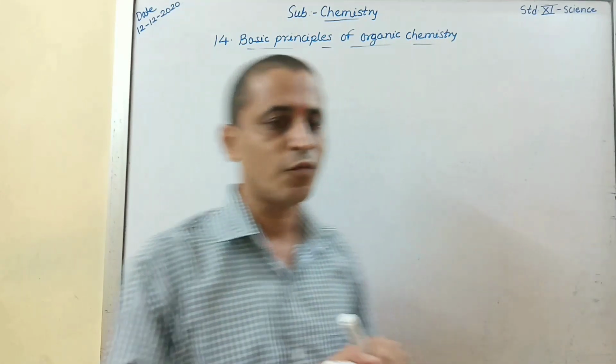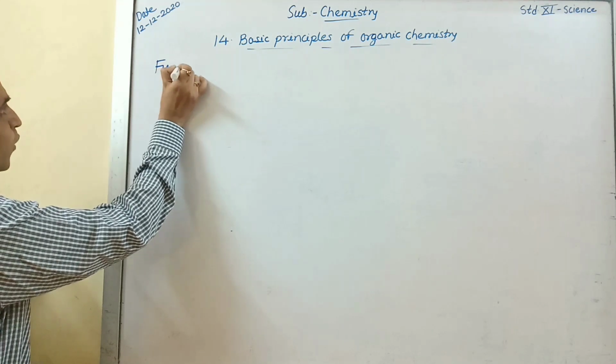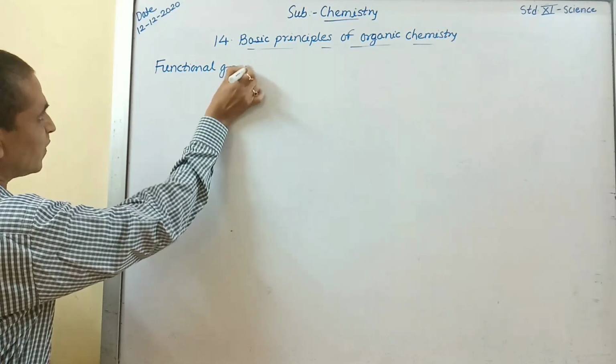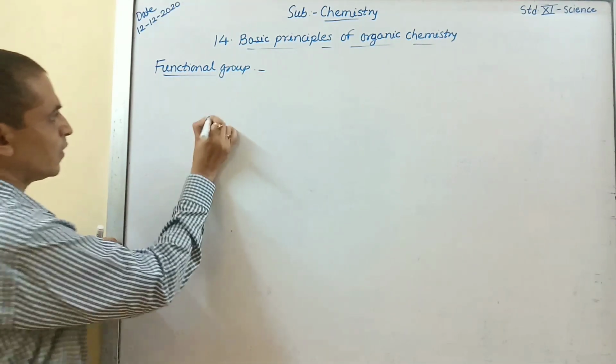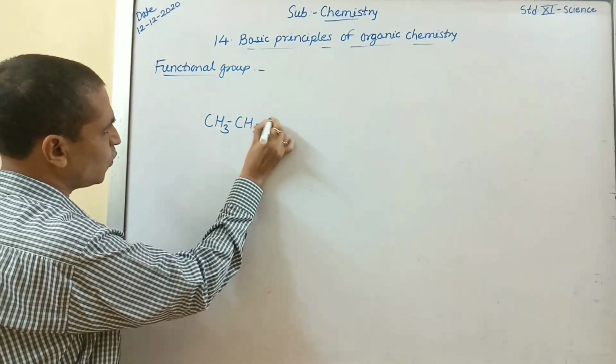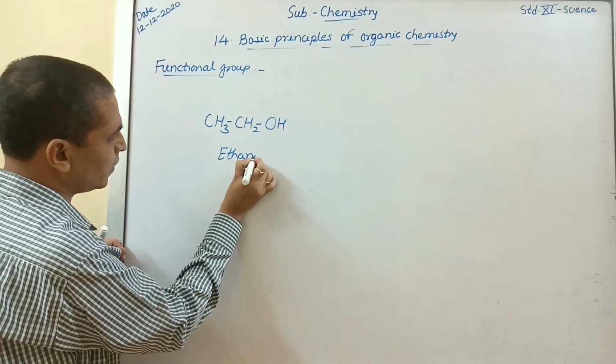So let us start with functional group. First you must know the meaning of functional group. See this example, CH3CH2OH. It is called ethanol or ethyl alcohol.